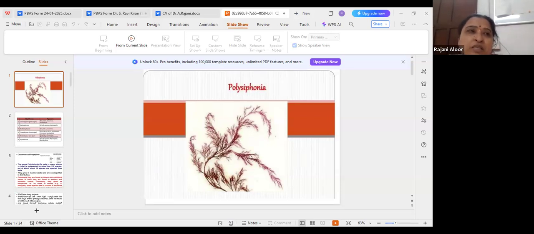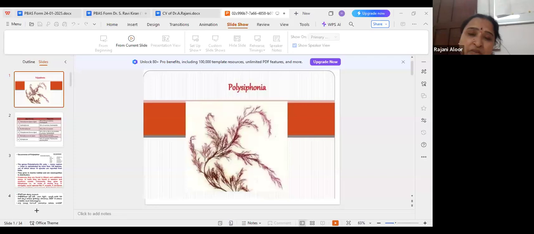In Ectocarpus, both asexual and sexual reproduction are important. Here the sex organs are unilocular sporangia and multilocular sporangia. Both are very important. The example is Ectocarpus siliculosus.